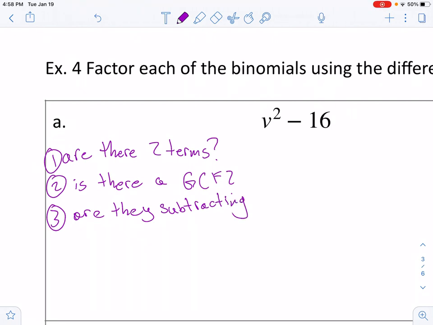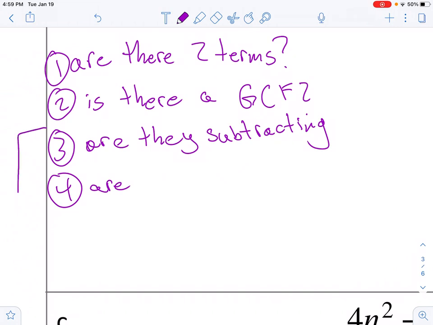Okay, so are there two terms? Yep. Is there a greatest common factor? If there is, I just need to factor it out. If not, then there's not. And then I want to see, are they subtracting? And are they perfect squares? These 3 and 4 kind of go together. Are they both perfect squares?